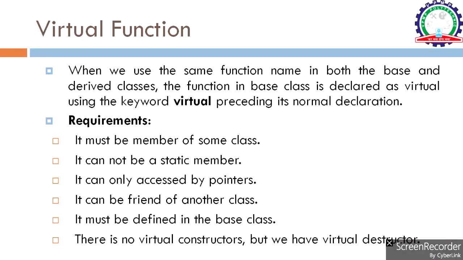That means if I want to make any function virtual, it should be defined in a base class. Then there are no virtual constructors, but we can have virtual destructors. Yes, virtual constructors are not possible to implement, but we can have virtual destructors, right?